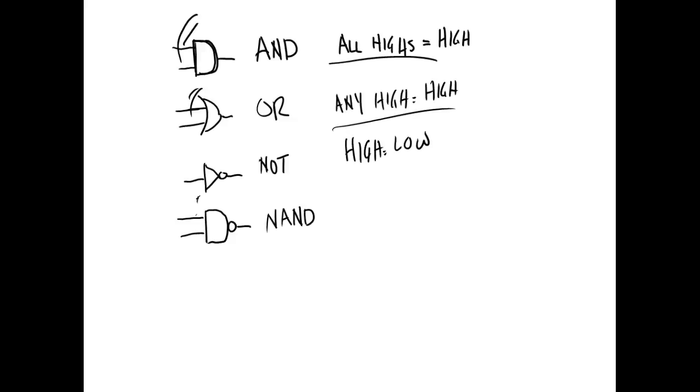If the inputs and the outputs are the same, that's where you get the ANDs and the ORs. If they're different, that's when you get the NANDs and the NORs. This is going to be very important when we get into what we call negative logic. So right now, notice all the inputs are high active, so we call this positive logic.